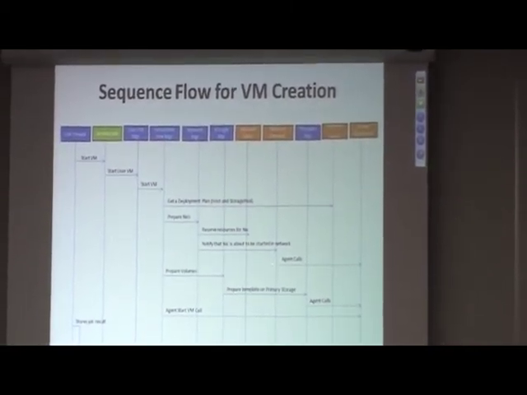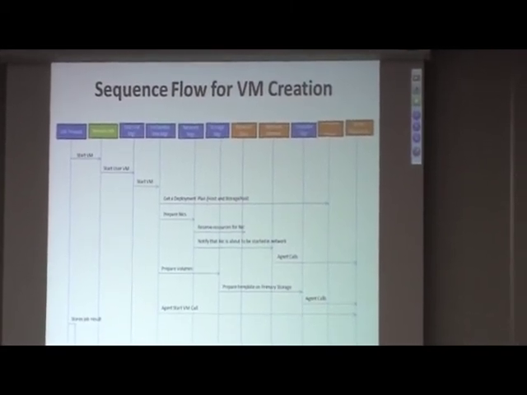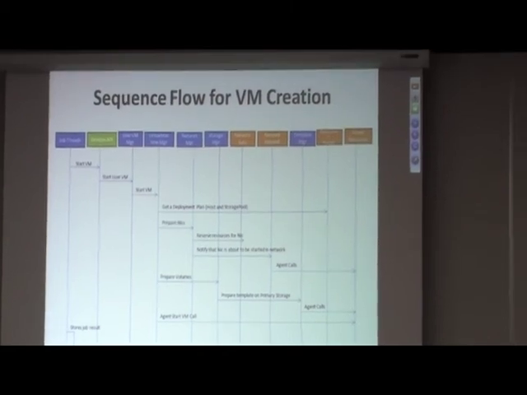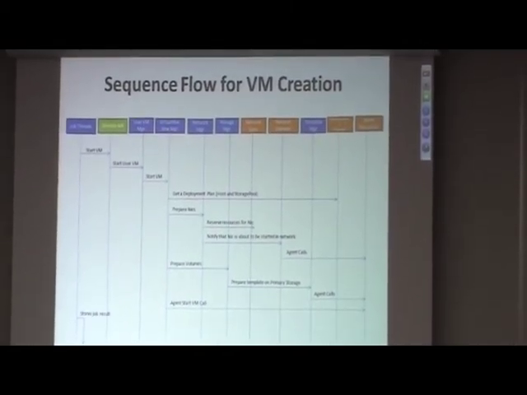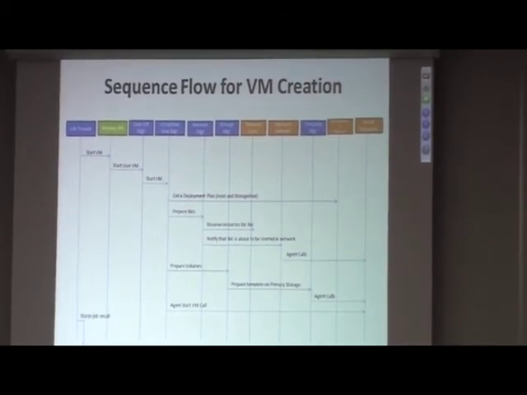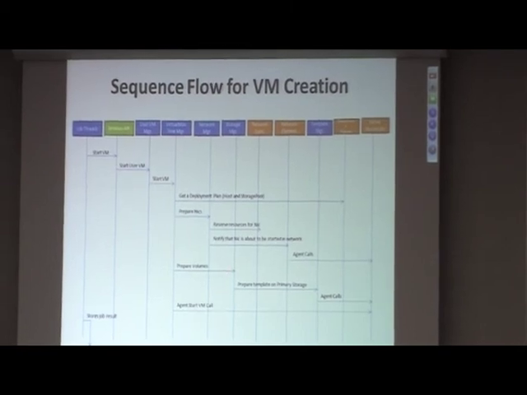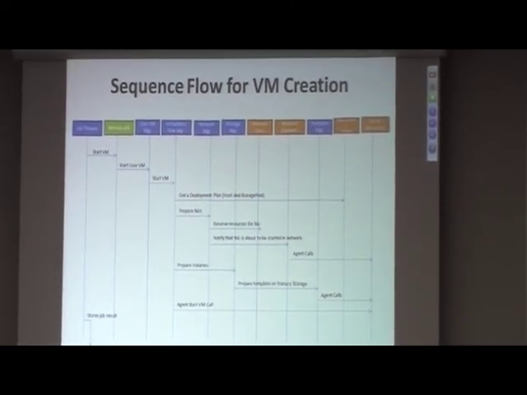And once all the network elements come back and say, yeah, it's okay, we've prepared everything for this particular VM to be started in the network, then everything gets returned to the virtual machine manager, and the virtual machine manager proceeds to prepare the volumes. It calls the storage orchestrator to do that, which is our storage manager.